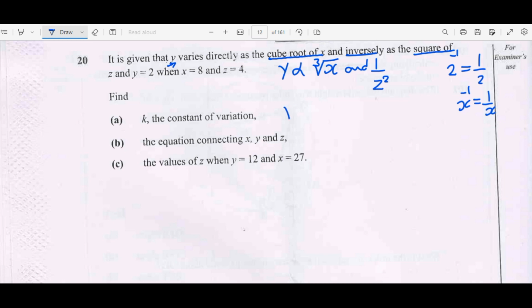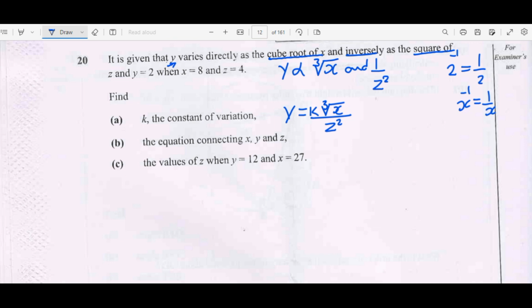From there, we introduce the equal sign. Then after the equal sign comes the constant of variation multiplied by the cube root of x over z squared. So the inverse part must be on the denominator.